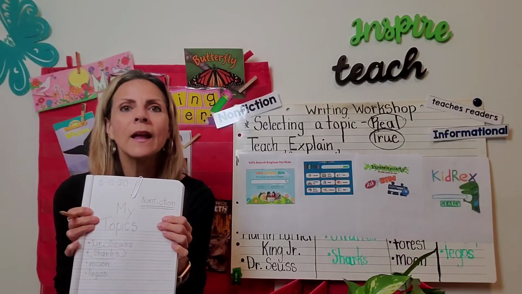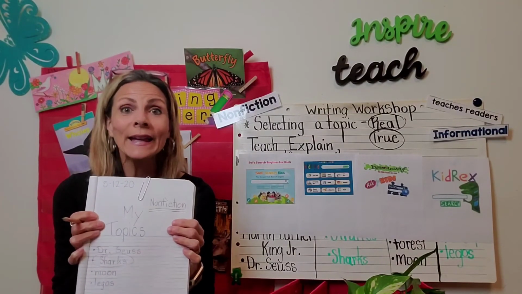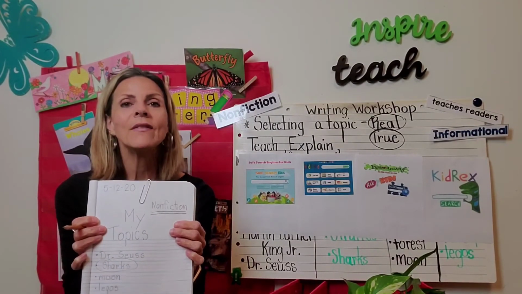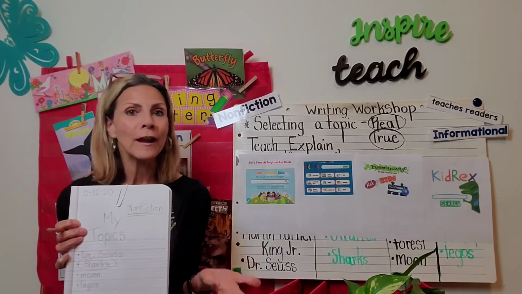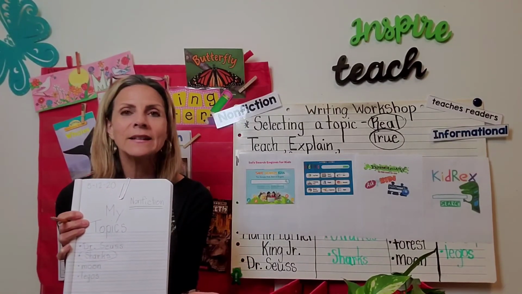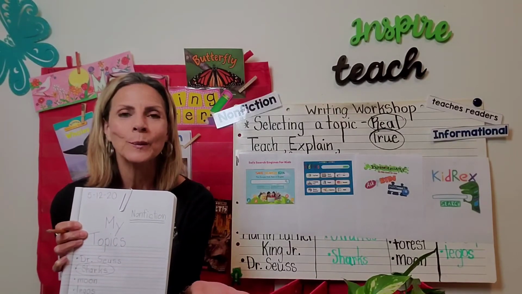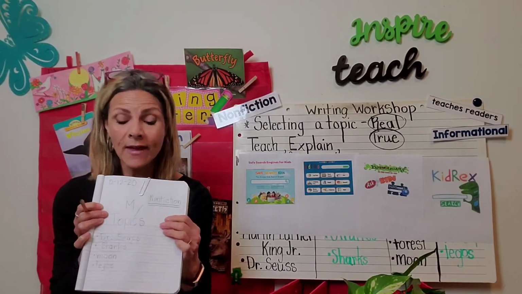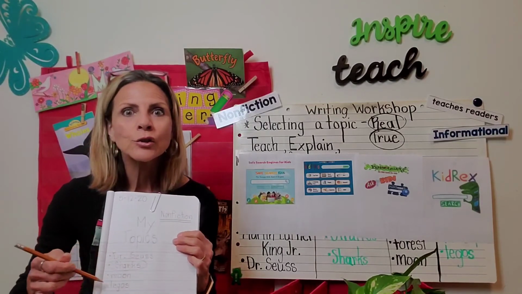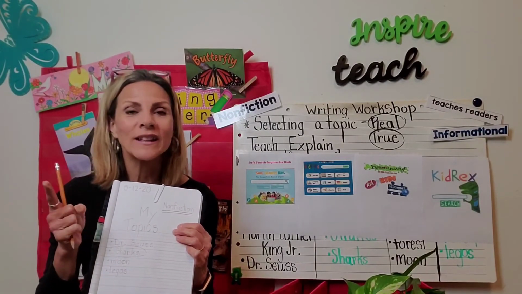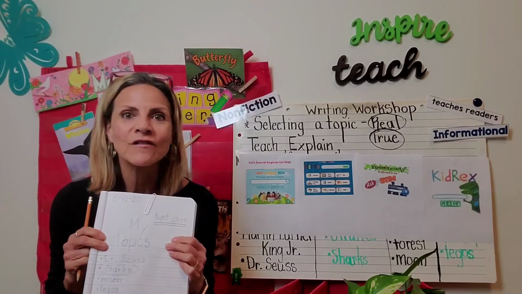Maybe you want to make 6 or 7 or 8 different choices. And then maybe have a discussion with your family members and ask them what they think would be interesting for you to write about. And then, as I did, circle the choice, the one that you want to research and find out more about.